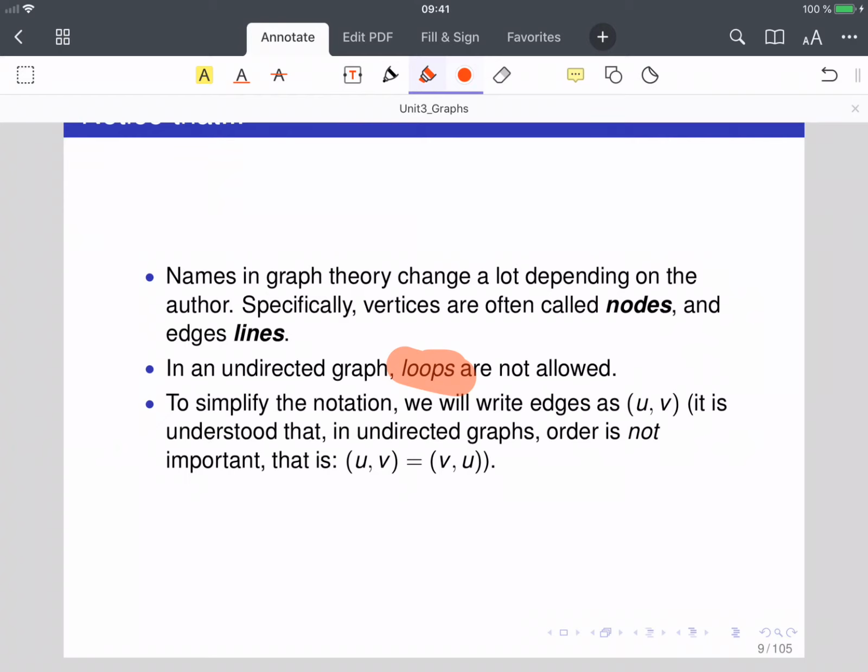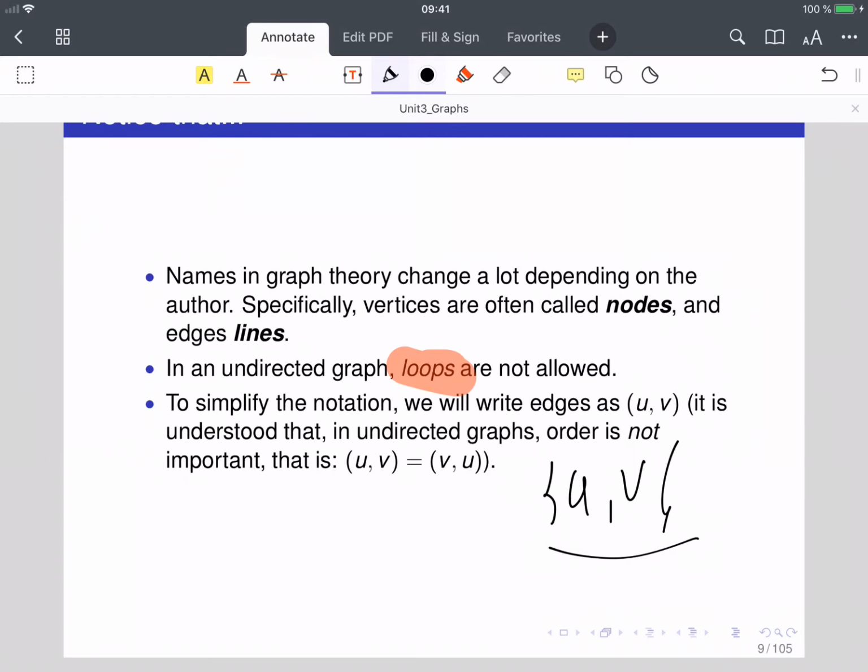We will later introduce a different type of graph in which we allow to have loops, but not in this kind of graph. Also, I have told you that since there is no order on the connection between graphs, we are using sets of elements.